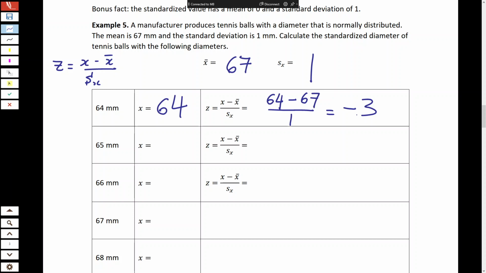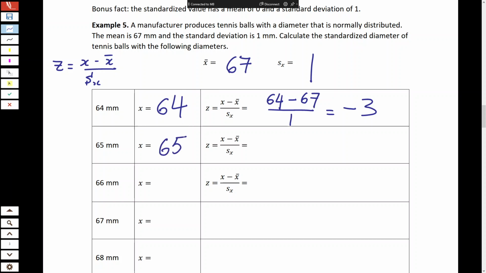I've got the explanation now. How many standard deviations away is 64 from 67? It's 3 standard deviations away. Is it above or below? Below, so it's negative. That's what the z value is about. All right, let's see what happens. The number 65.